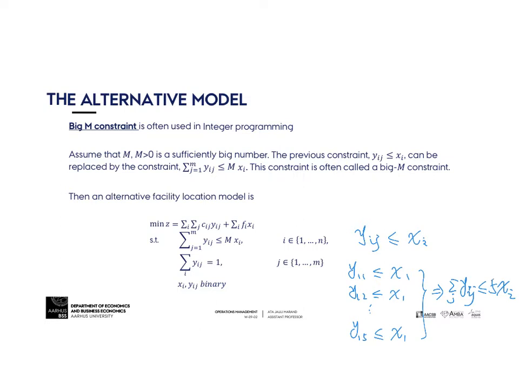And here, if we substitute this 5 by capital M, now you can reduce the total number of constraints. So this is just an intuitive explanation. It's not really a theoretical explanation. You just try to understand how we sum up the multiple constraints.